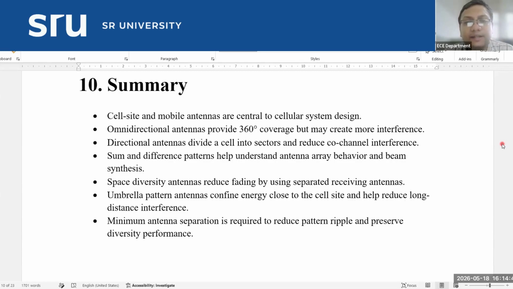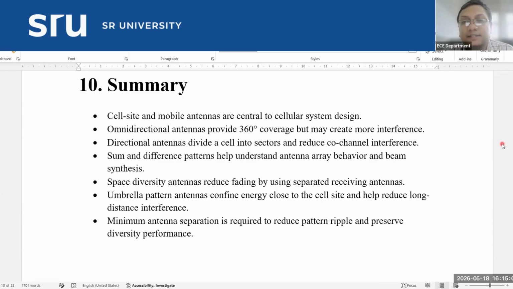Directional antennas divide a cell into sectors, and they reduce co-channel interference. Sum and difference patterns are created using arrays, for different types of beam shaping based on the real requirements.